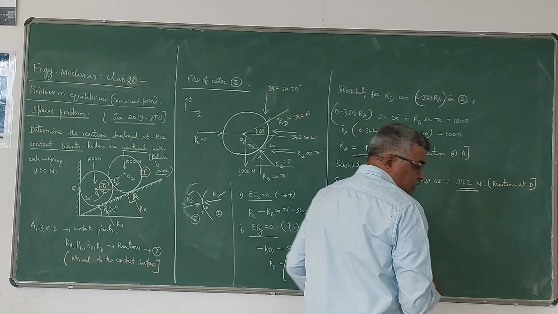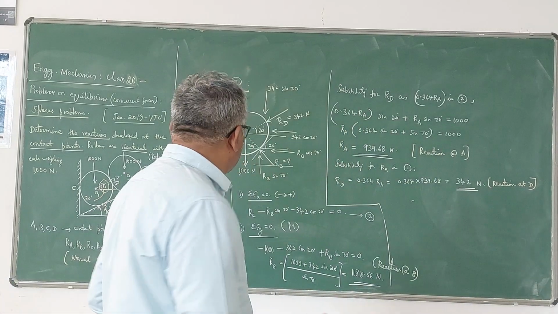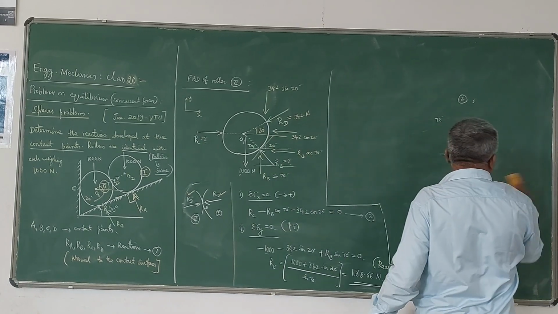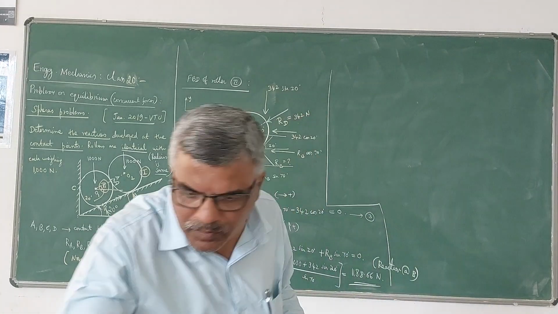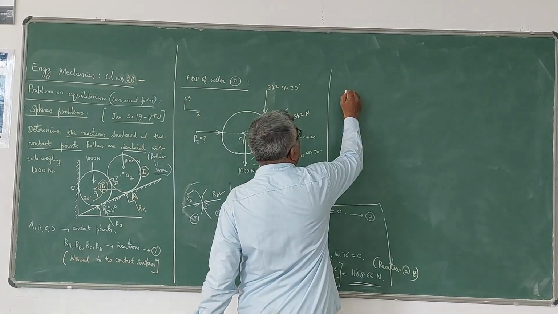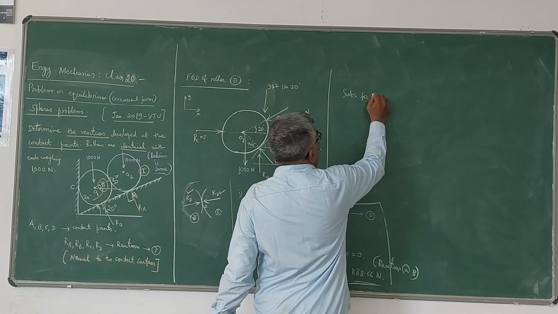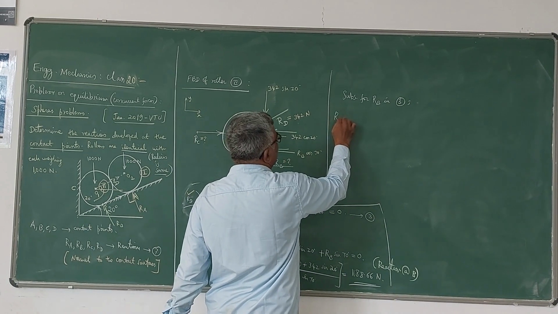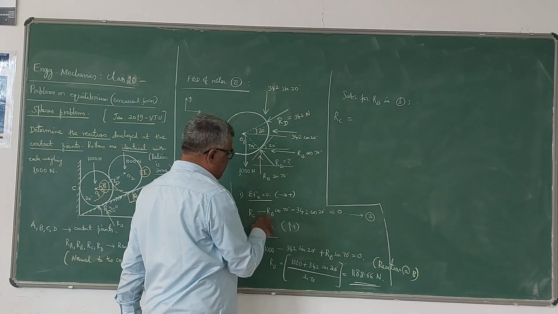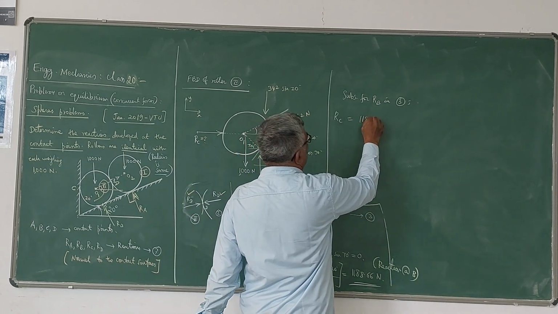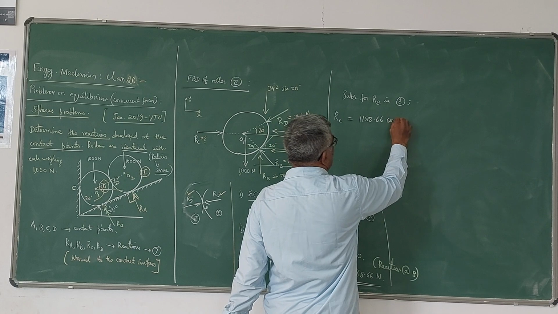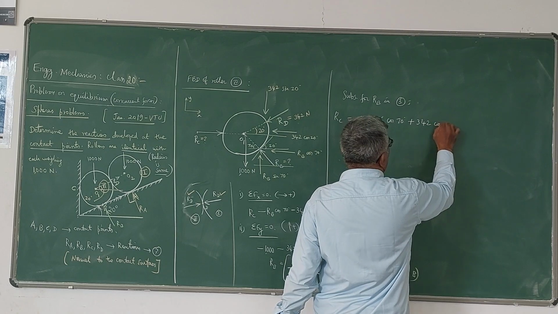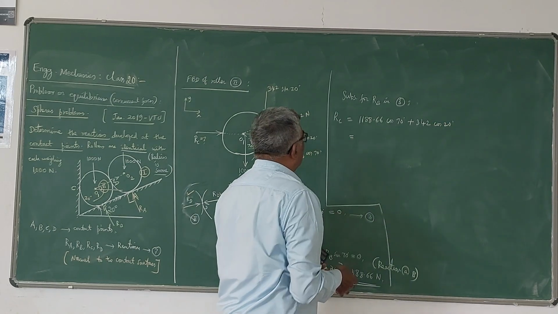You will get the reaction at C. So substituting for RB in equation 3, RC is equal to, if you bring it to that side it becomes positive, RB cos 70, RB is 1188.66 into cos 70 plus 342 cos 20. So if you simplify this, you get the value of RC.